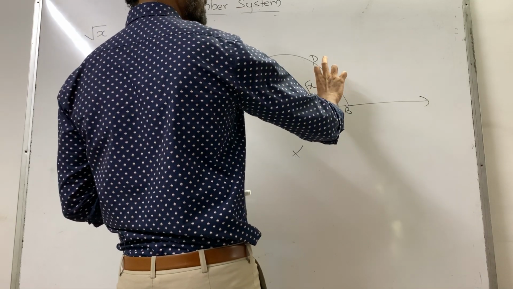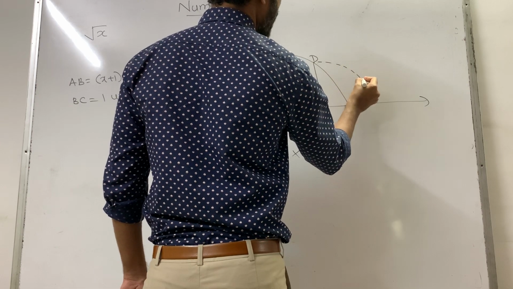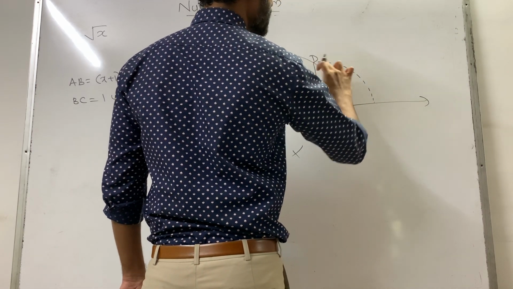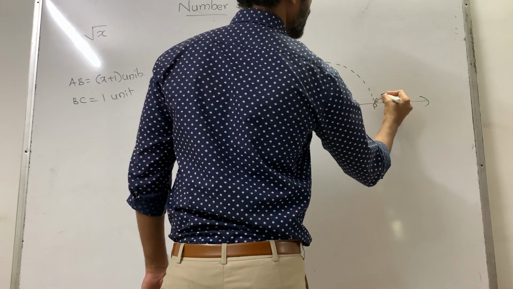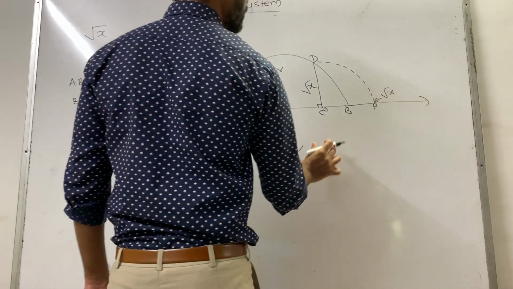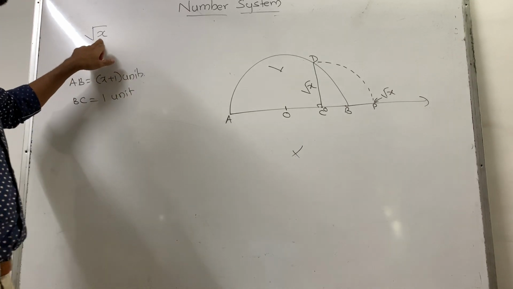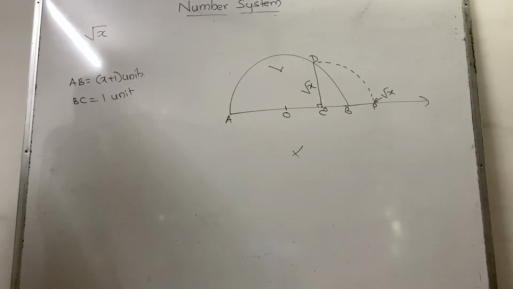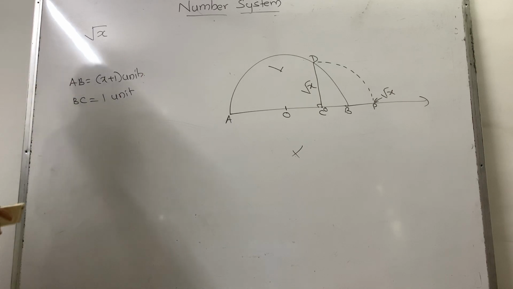In the final step, take C as center and CD as radius and draw an arc. So CD will be equal to CP. CD is root x, so this point will represent root x. So this is how you will construct irrational numbers in decimal form on the number line. This again is a very important topic. You should be very thorough with this.